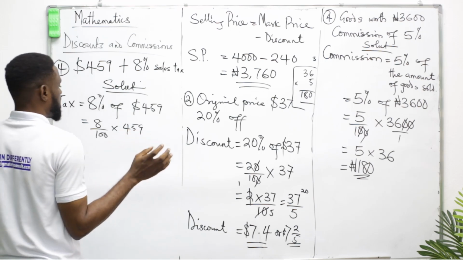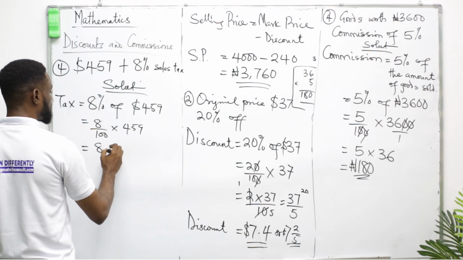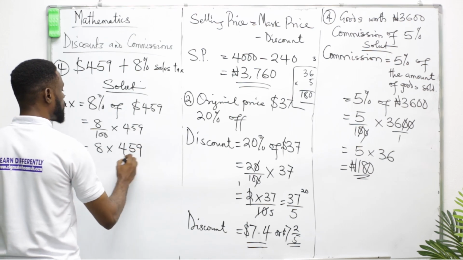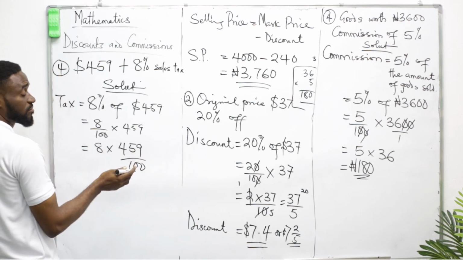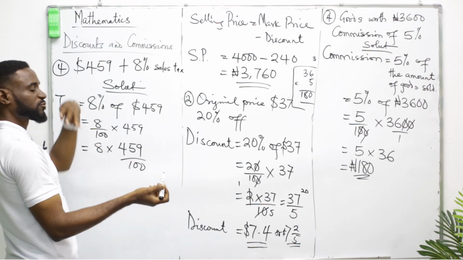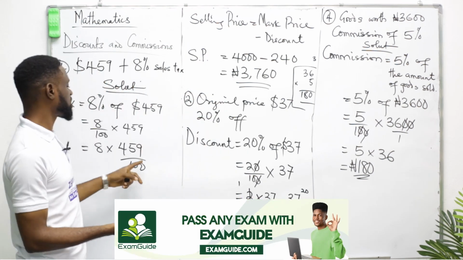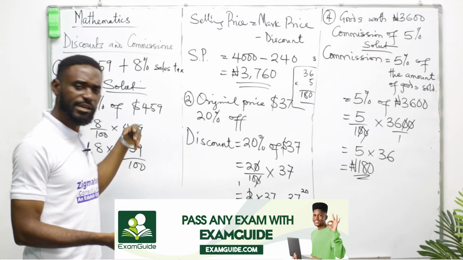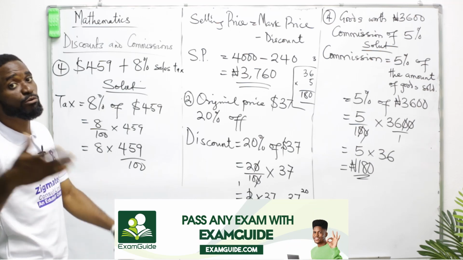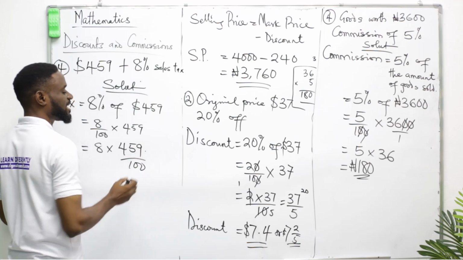I will do a very simple thing here. I will do this. 8 times 459 over 100. Hope you know it's the same thing. Okay? Now, I know I have told you in some of our classes that when you see any number being divided by a multiple of ten, a number that has 0, 0, 0, there is an invisible decimal point.